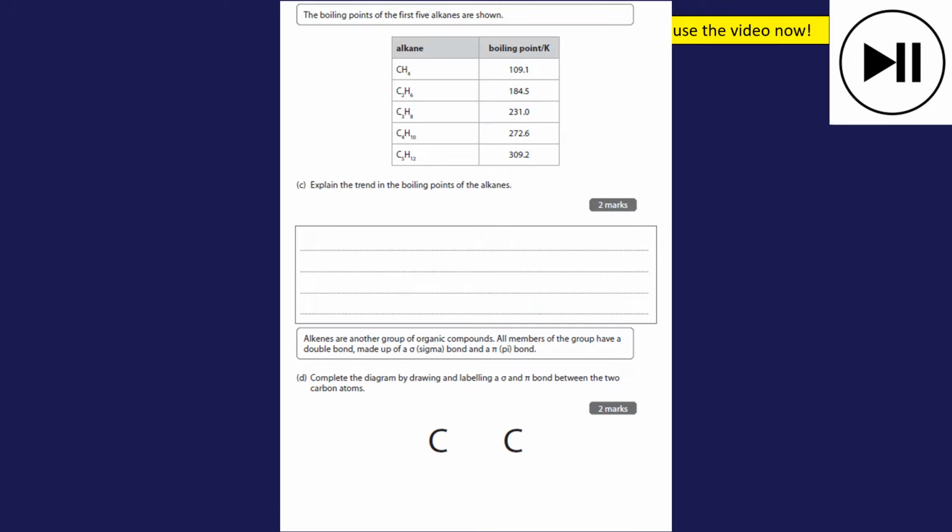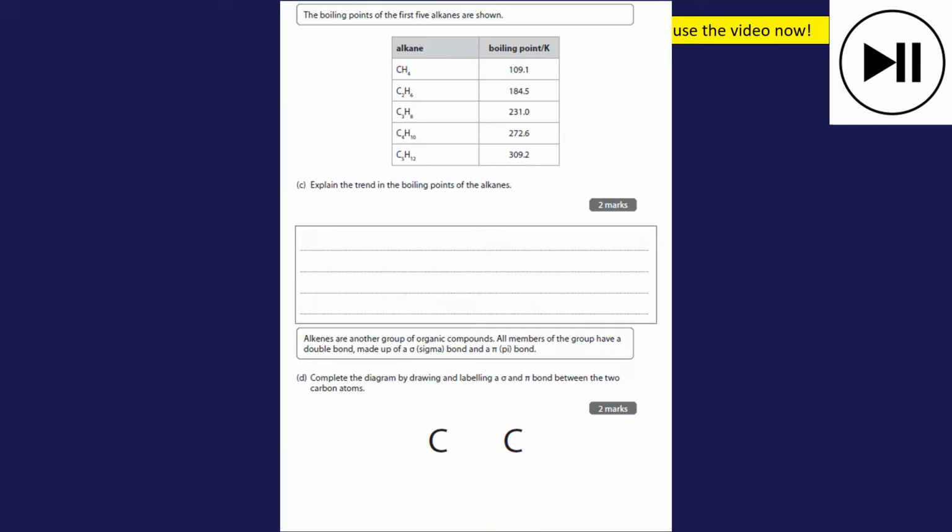That's because the molecular mass increases and the van der Waals forces of attraction will increase, which means more energy is needed to break them. So to summarize, as chain length increases, boiling point increases because the molecular mass increases and the van der Waals forces of attraction become stronger. More energy is needed to break them.